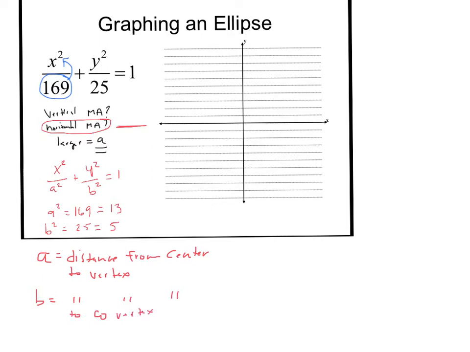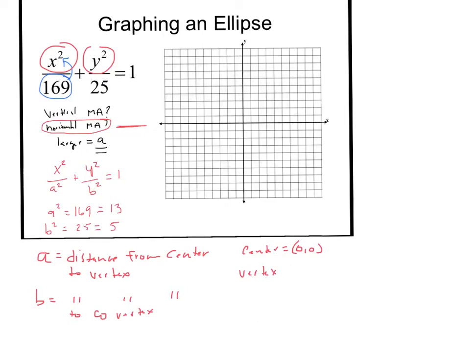Looking at this problem, there's no shift in an x or y direction. So here's all the info that I have. My center is 0, 0. Now, from the center, I'm shifting for my vertex.